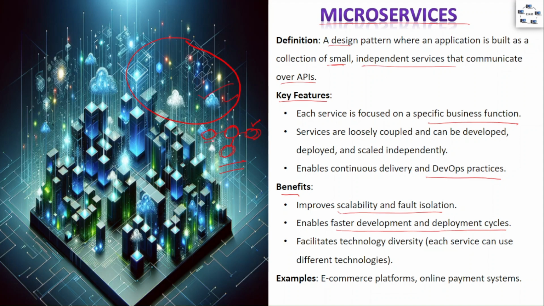Rather, you will work on individual microservice modules. It facilitates technology diversity, such that you can use different technologies for different services. Examples include e-commerce platforms and online payment systems.